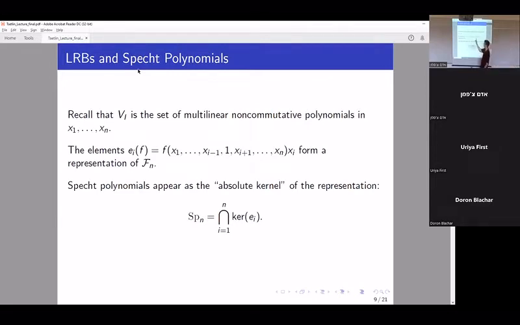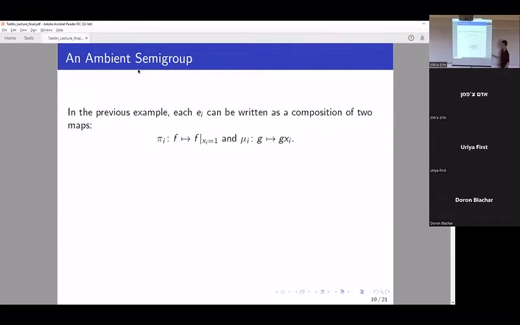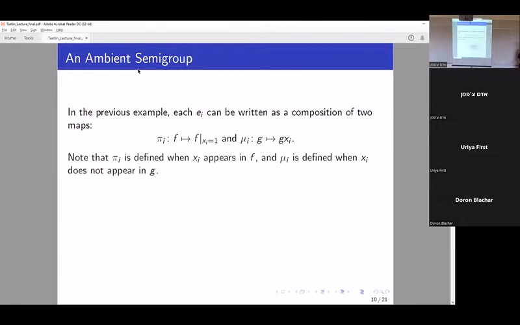We can first substitute one for x_i, and then we can multiply by x_i from the right. So e_i is just the composition of these two maps. We can think of it as taking out a book and not returning it in the meantime. We can take it out, return it later. So this gives us a decomposition into two maps.